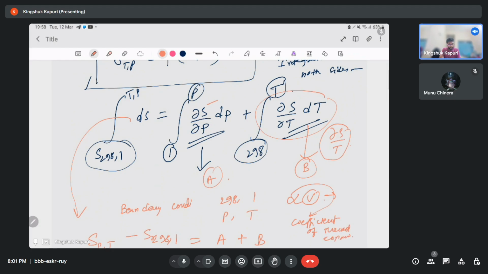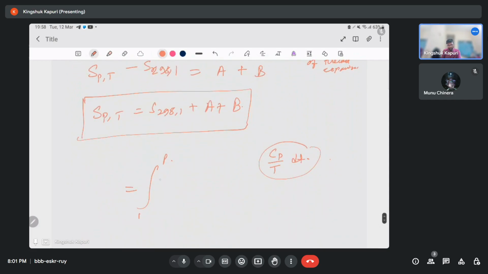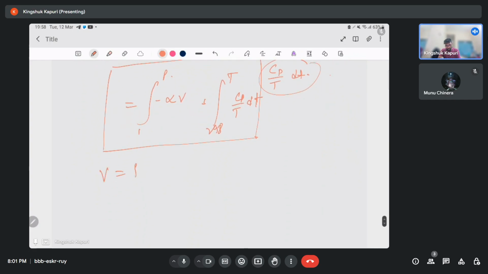So generally during calculation we actually neglect this alpha term. So minus alpha V, a negative sign, you know what negative sign implies. So plus the integral from 298 to T of Cp by T dT. So this is our final expression, and we also know that volume is a function of both pressure and temperature.